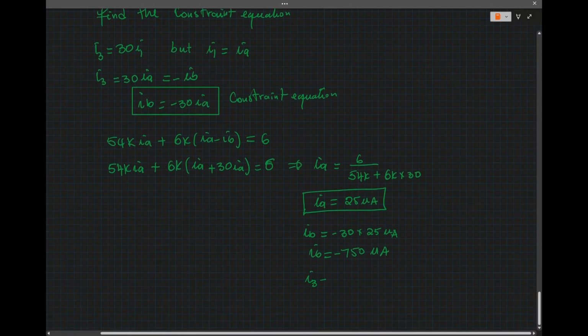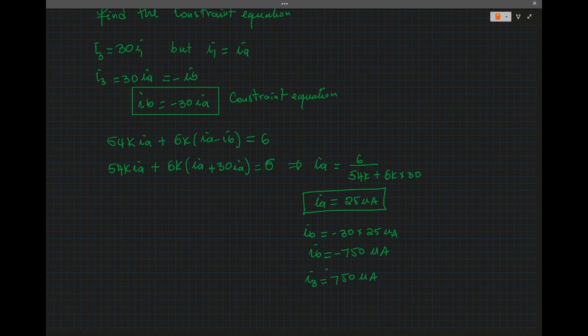That implies that I3 equals 750 microamps.